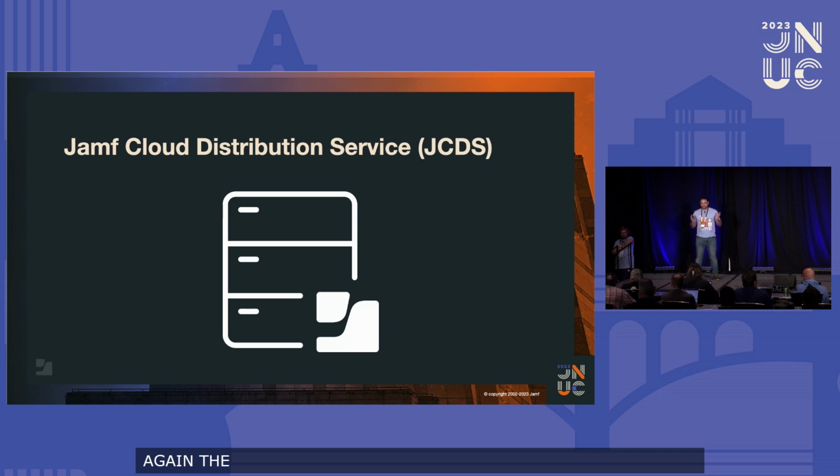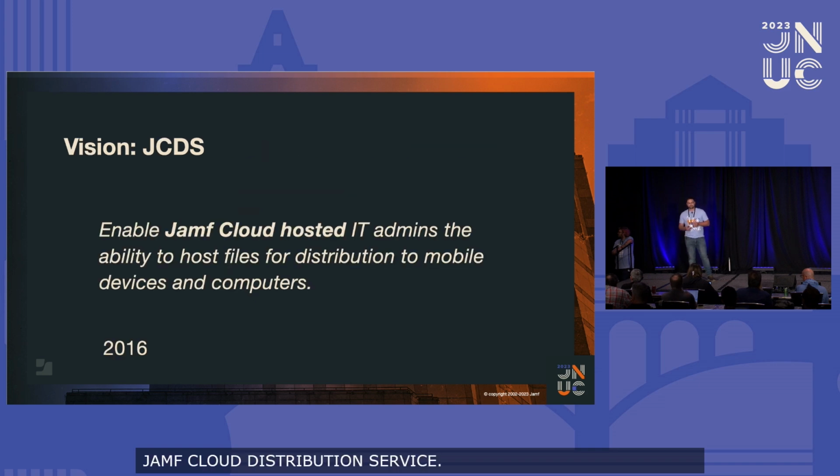So focusing in on the JCDS, I already gave a little bit of a high-level overview about what distribution points are and what Jamf supports, and now I really want to get into the good stuff around the Jamf Cloud Distribution Service. Again, just referring to it as JCDS.